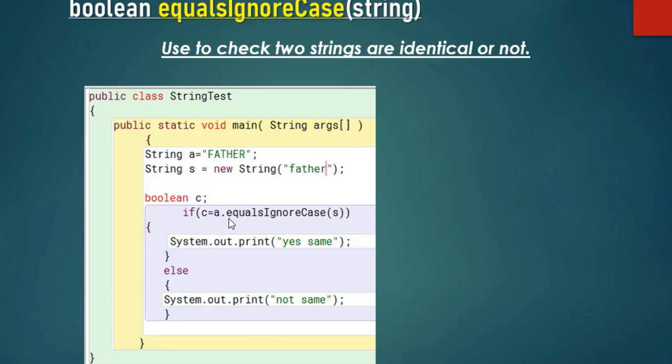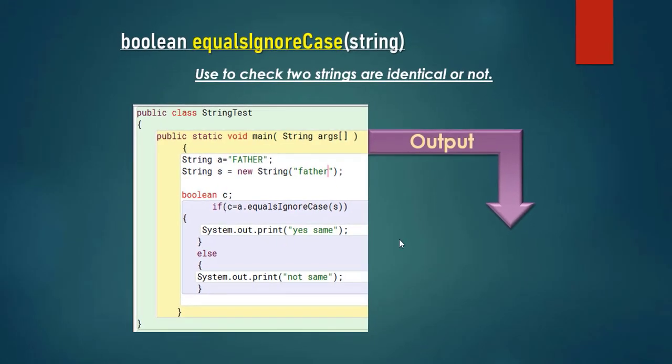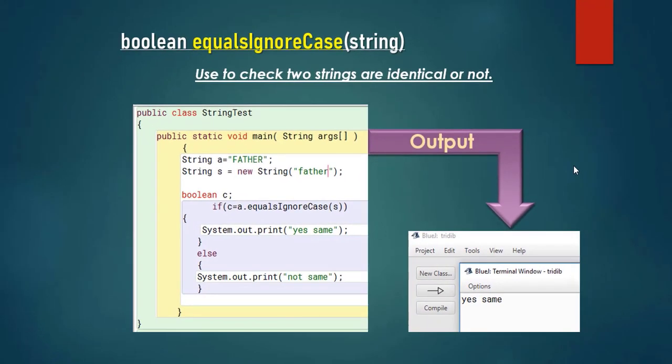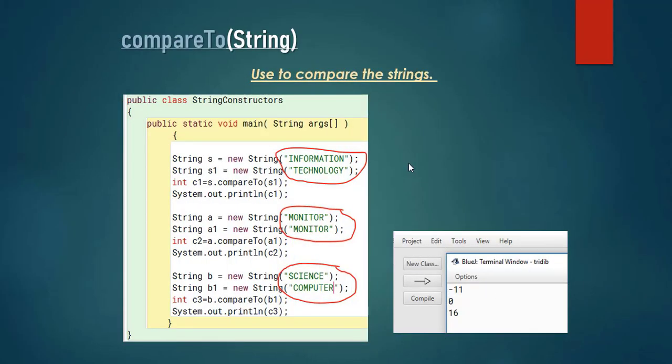But if I use equalsIgnoreCase, then the output will come as "yes same", because we are using the equalsIgnoreCase function here. Let us see the output. It will come yes same. Compare to function.